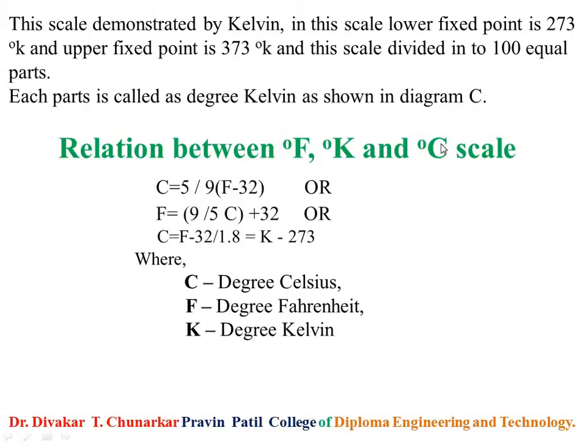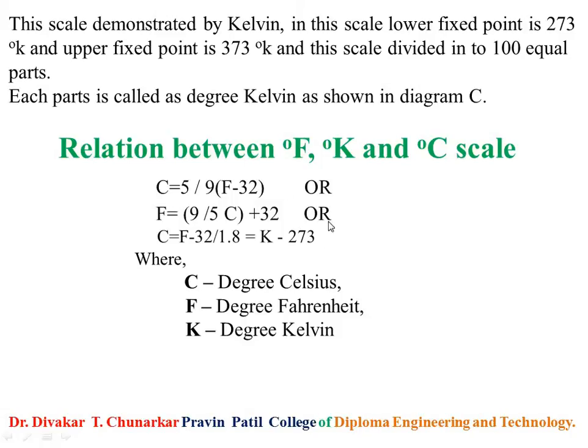Now the relation between these scales: C equal to 5 upon 9 in bracket F minus 32, or F equal to 9 upon 5 C plus 32, or C equal to F minus 32 upon 1.8 equal to K minus 273.